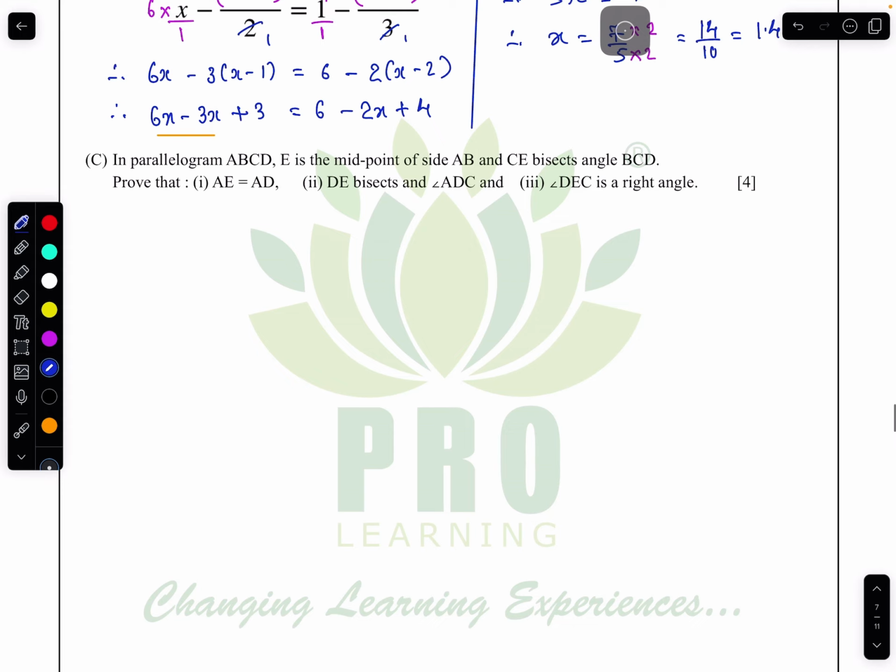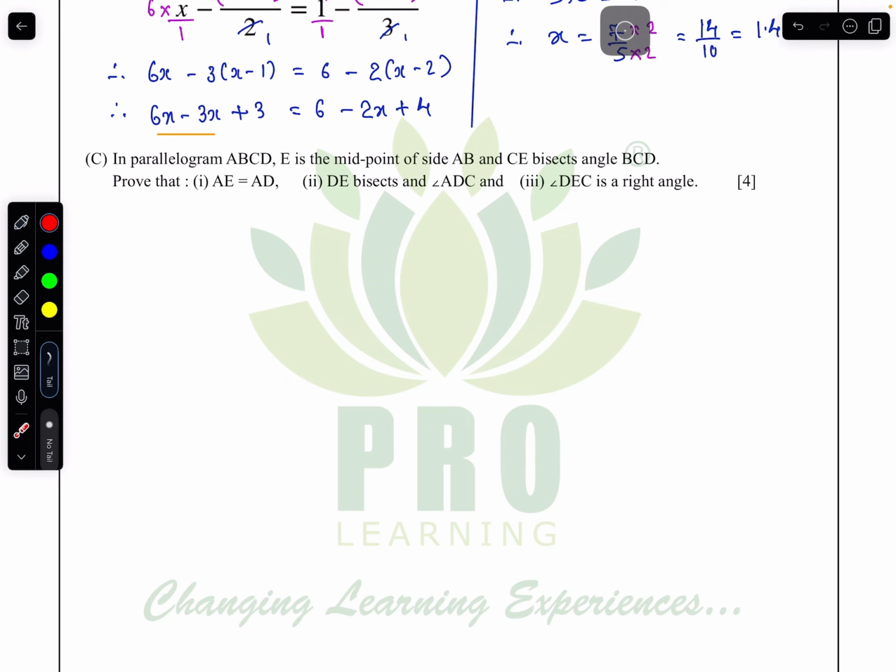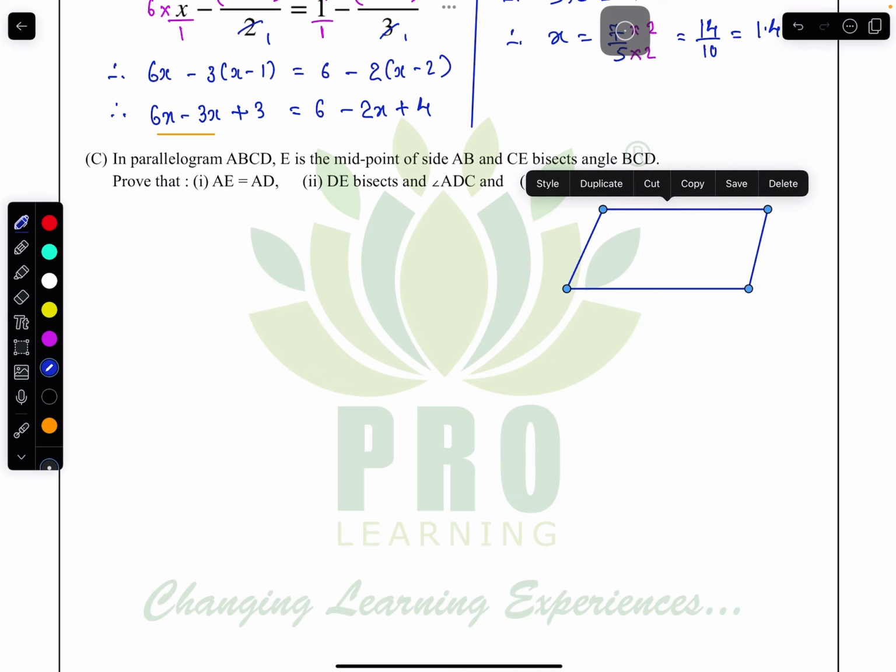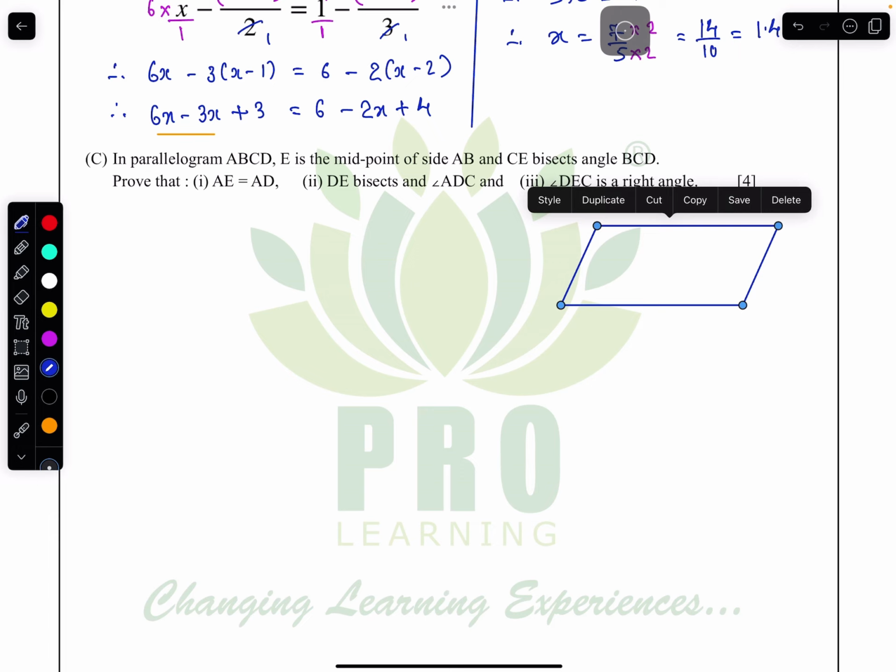We have to look at parallelogram ABCD. We will do this with a little more patience. So let's have the parallelogram here. So we are looking at parallelogram. All right. So here it says ABCD is a parallelogram.